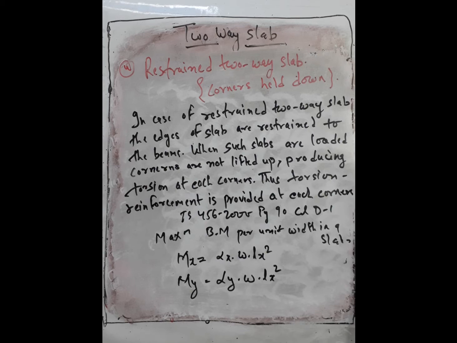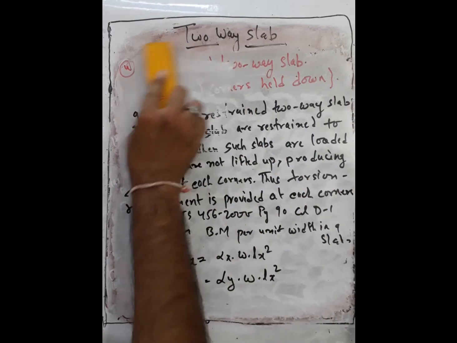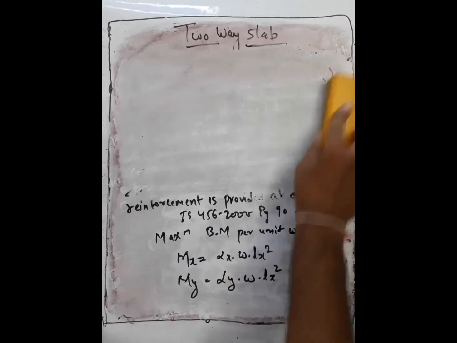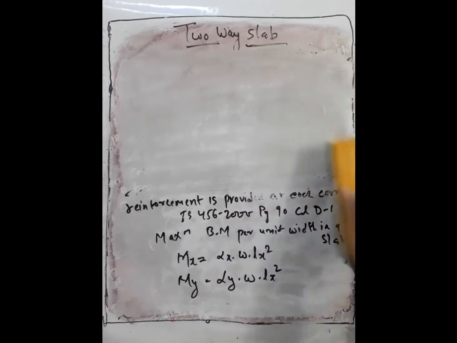That's why we have to provide torsion reinforcement, because torsion is produced at such corners. So this is the formula, but the condition here is that corners are held down.